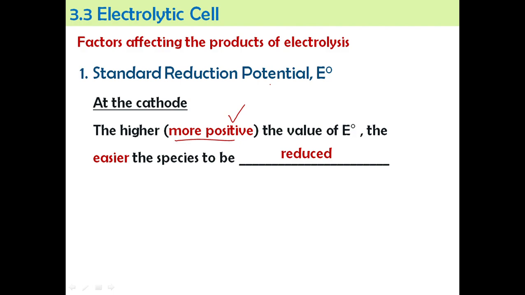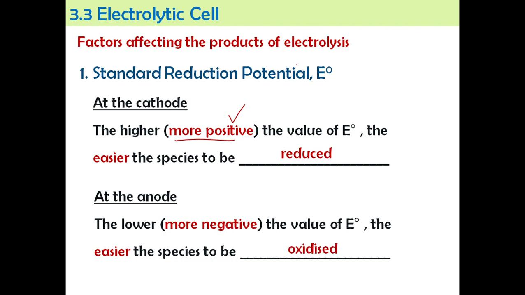Okay, what about at anode? So, kalau dekat anode, yang lagi negatif akan oxidize. Okay, so kalau dekat anode ada 2 spesies tadi kan, nak pilih siapa yang akan undergo oxidation ni? Tengok SRP value. Lagi negatif akan terpilih untuk undergo oxidation. Okay, so that's for SRP dan E0 value.